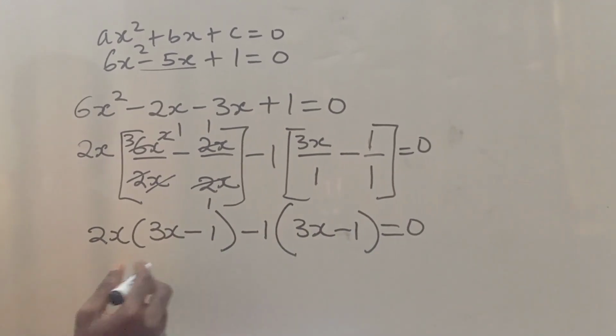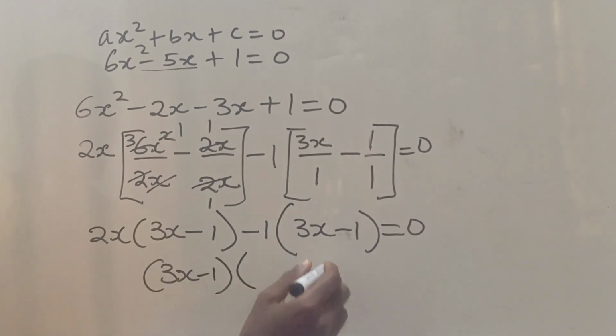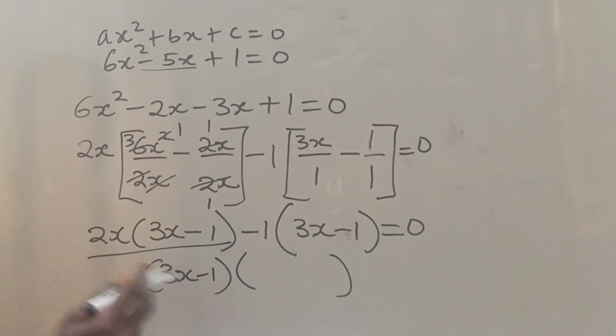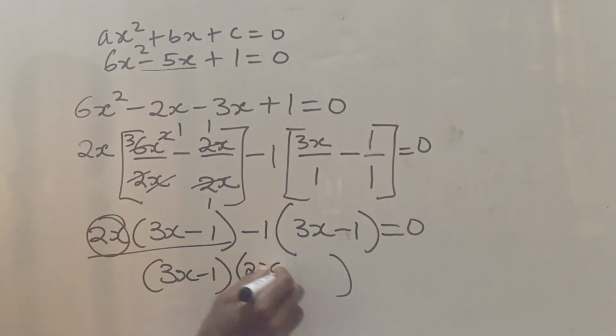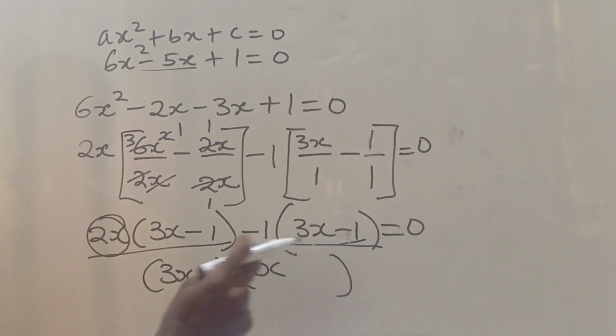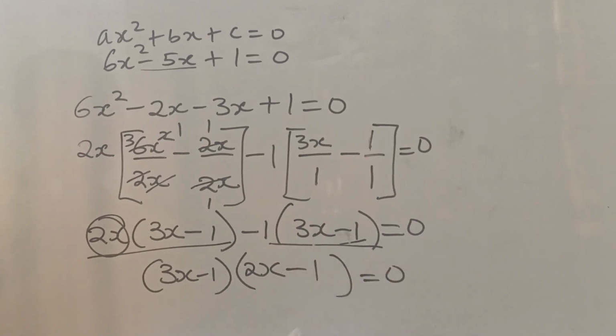This is common, so I'm going to say 3x minus 1 into, if I divide this side by 3x minus 1, we'll be left with 2x. If I divide this side too by 3x minus 1, we'll be left with minus 1. So it equals 0.